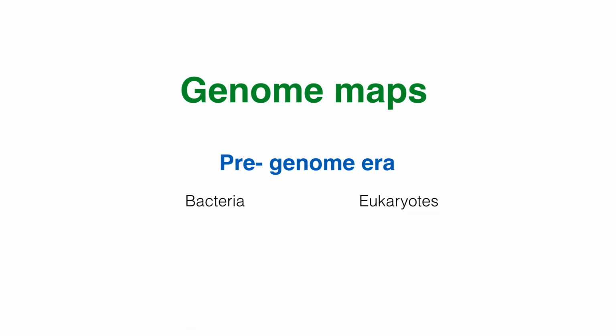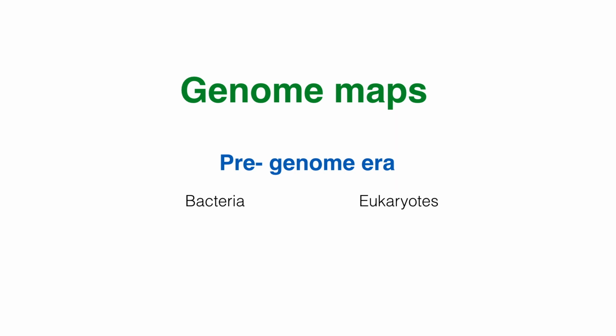The quest for the genome maps did not start with the era of genomics. Before the times of massively parallel and next-generation sequencing, in the pre-genome era, there was in fact a very substantial movement to map chromosomes of bacteria and even some eukaryotes, such as Drosophila, mice, and human.